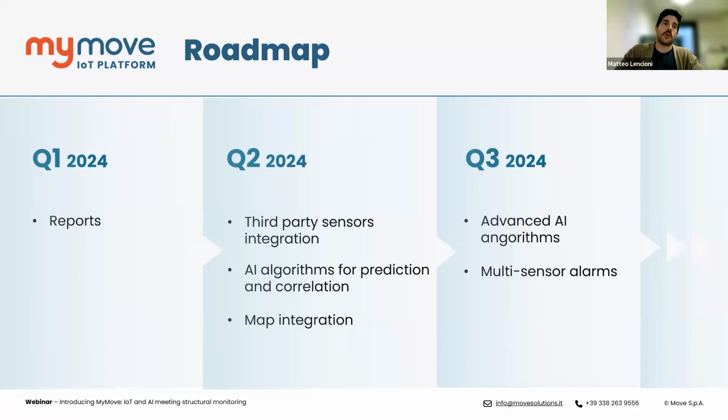And then we'll be working on something a little bit different, which is increasing the complexity of the alerts to go in the direction of making the platform really useful with detecting, I would say, dangerous situations for the project. So, for example, you'll be able to set alerts on the combination of 2 different sensors behaving in a certain way in terms of data.